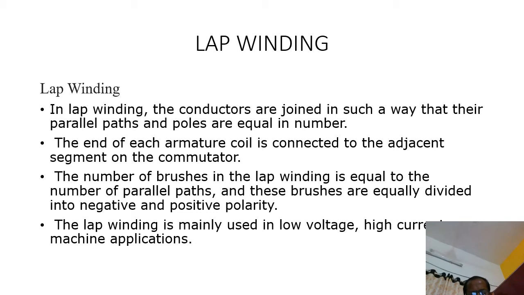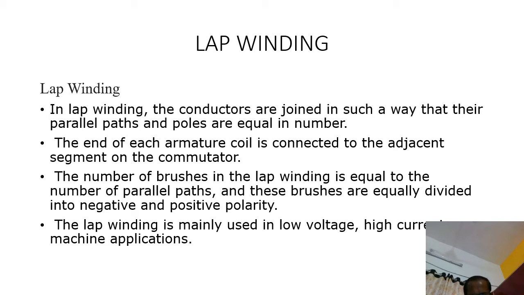The armature has slots, and the conductors are placed in these slots in lap or wave form. The required conductor is placed in the slots. They are entirely laminated to protect from eddy current losses.